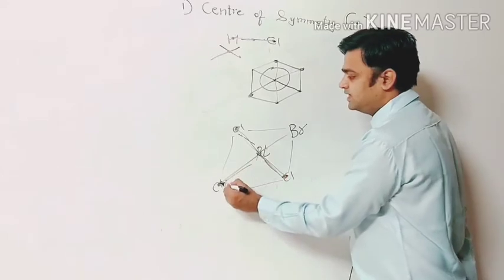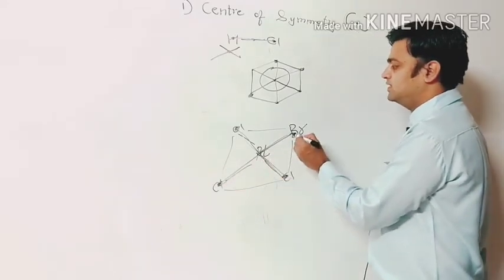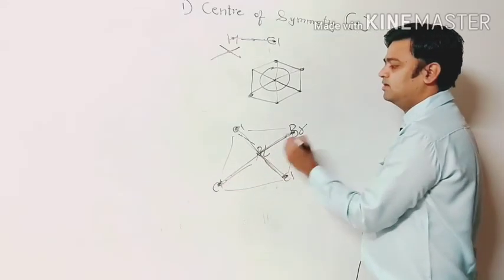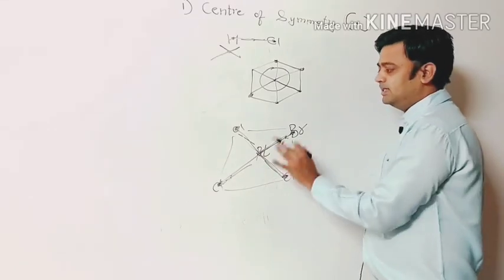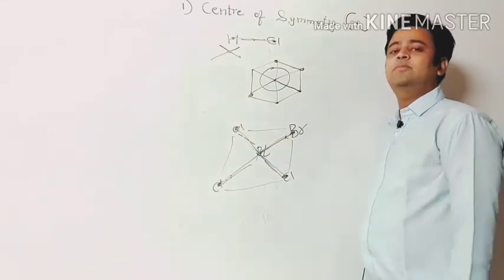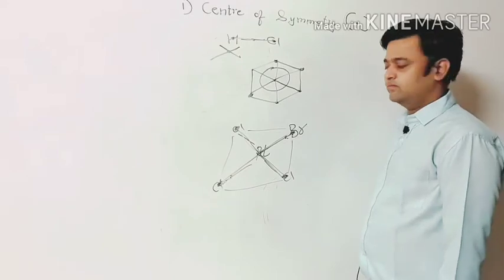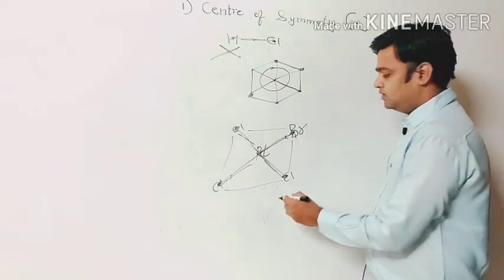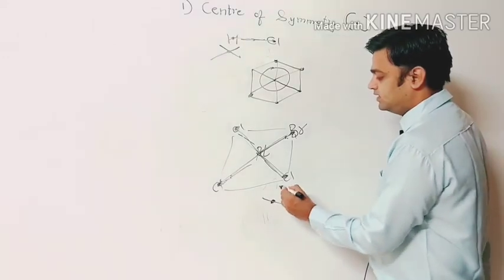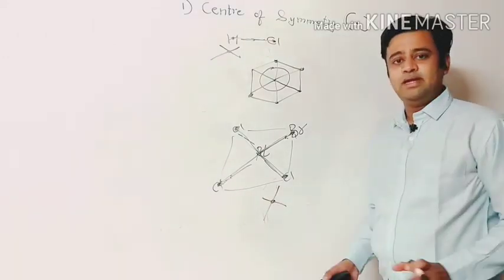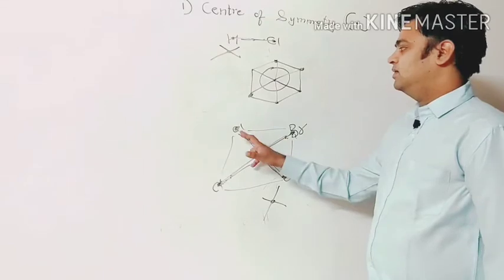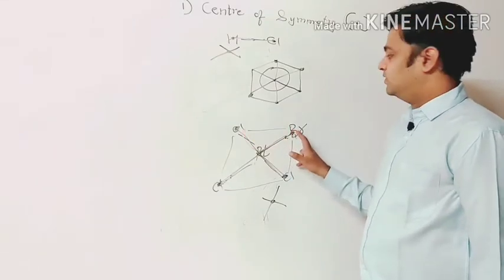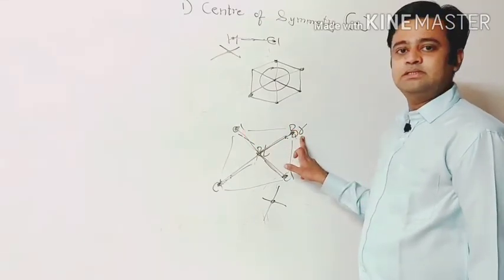On the one side it meets chlorine, but on the other side it meets bromine, not at all similar. These two are different, and this molecule does not possess a center of symmetry, because of bromine. This happens only if you replace one of the chlorine by bromine or something else.